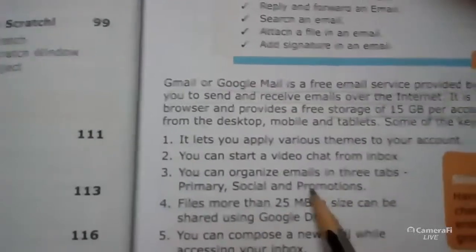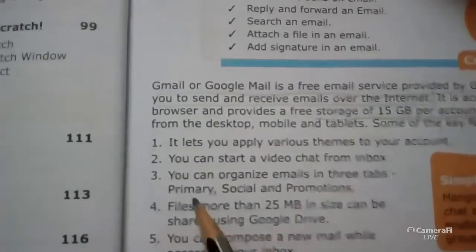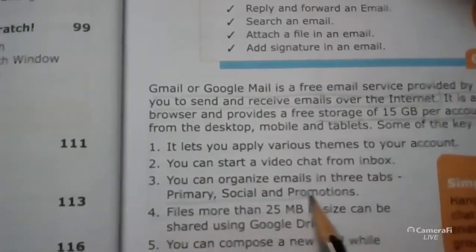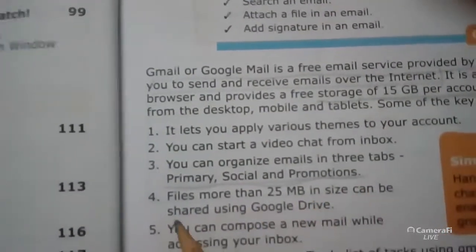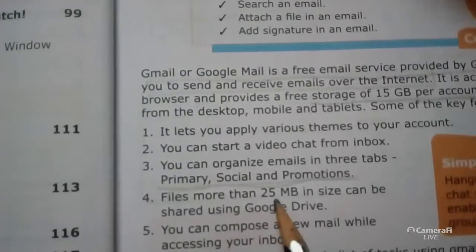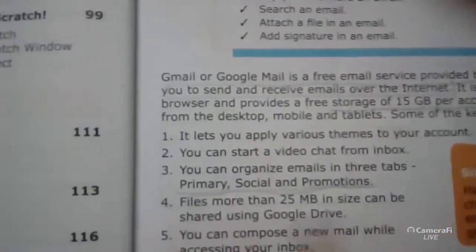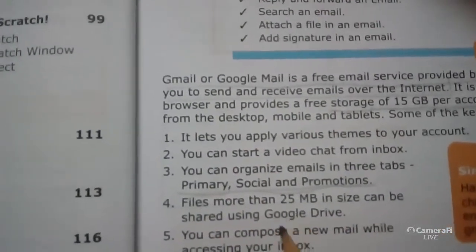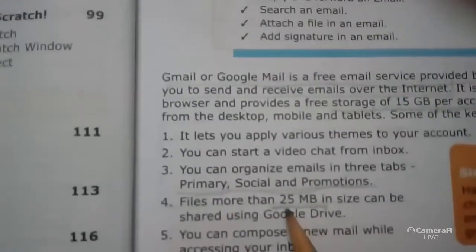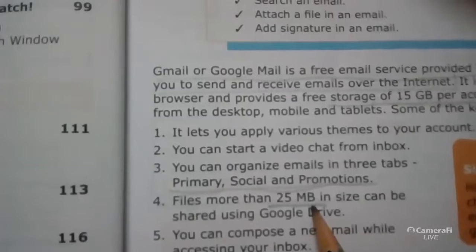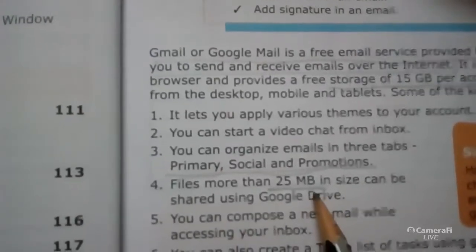You can organize email in 3 tabs like primary, social and promotion. See, these are important. File more than 25 MB in size can be shared using Google Drive. That means you can send or receive 25 MB file with attachment.